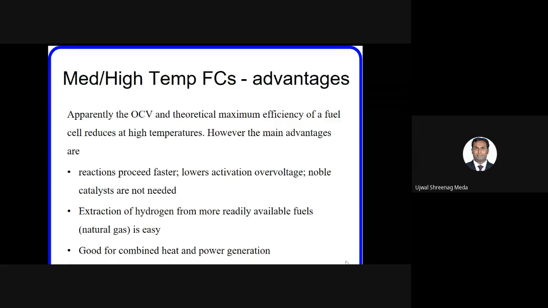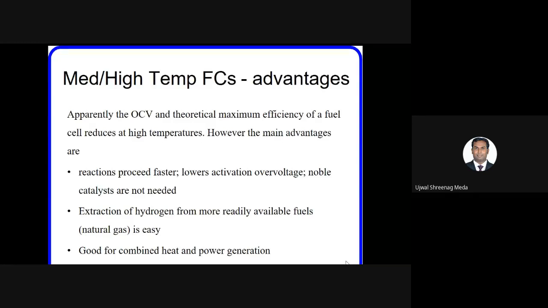In spite of that, there are certain advantages of operating a fuel cell above 100 degrees centigrade. The reactions proceed faster, so activation overvoltage or loss because of activation is less, and noble metals or noble catalysts are not necessary. However, in this phosphoric acid fuel cell, it is a medium temperature fuel cell, and still we talk about platinum. But when you consider high temperature fuel cells, which go more than 500 degrees centigrade, in such a case, definitely noble catalysts are not necessary.